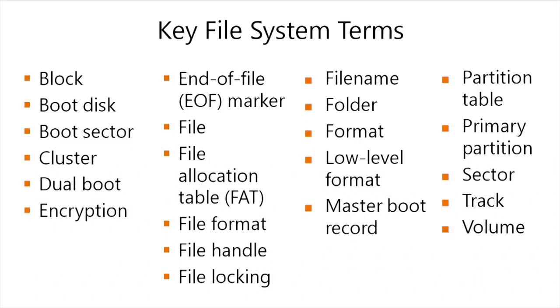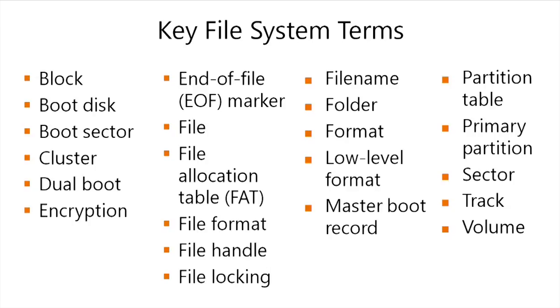So key file system terms, you need to know these for the test. EOF is an end of file marker. You will run into this one today. A file allocation table, FAT, that you will see on a limited basis. Everything's FAT32 or more probably today. FAT32 you still see around. File format, file handling, file locking, these are all relevant terms today.